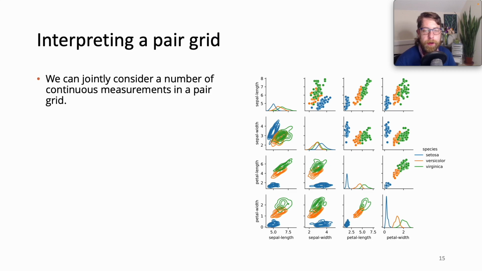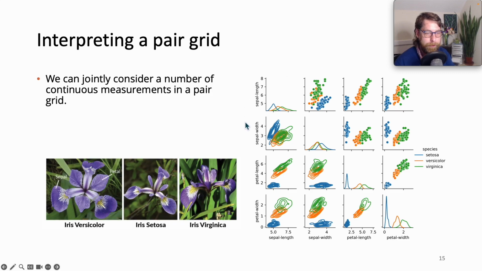Now here I'm showing a pair grid. I don't necessarily use pair grids a lot, but they're really information dense, and I like what this one can reveal about this particular data set. This is a data set of measurements of flowers that was collected an awful long time ago, I believe actually by Fisher, and it was one where we have 3 different species of flower, and they're all pretty similar looking, but they have some slightly different features.